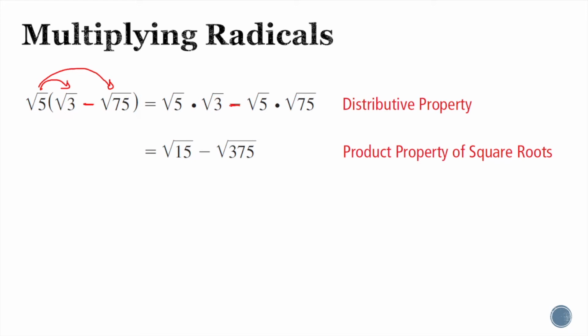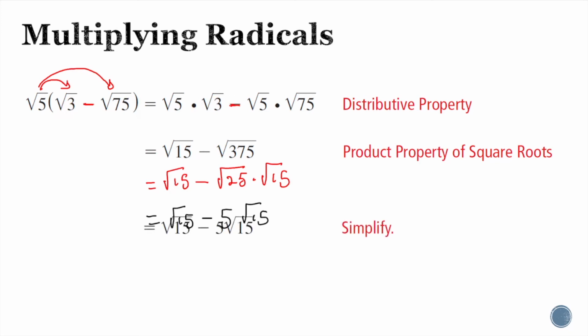Unfortunately, the square root of 375 is 19.3649, and it'll go on forever because it's irrational. However, I can break this up. Square root of 15 minus the square root of 25 times the square root of 15. And this is perfect because the square root of 25 is 5 times the square root of 15.